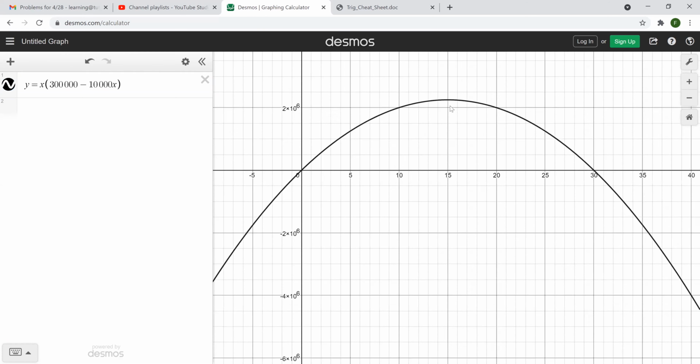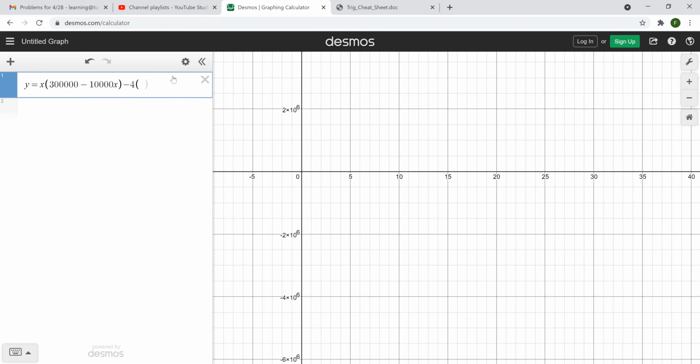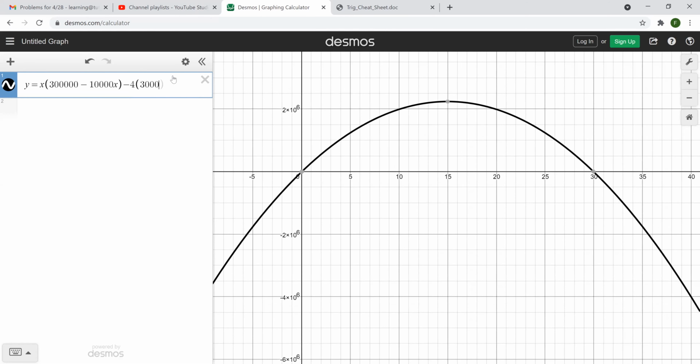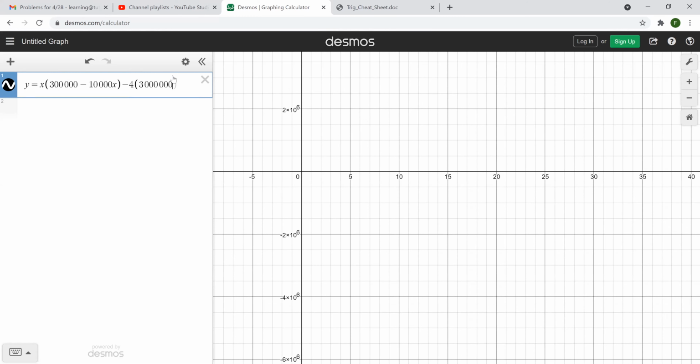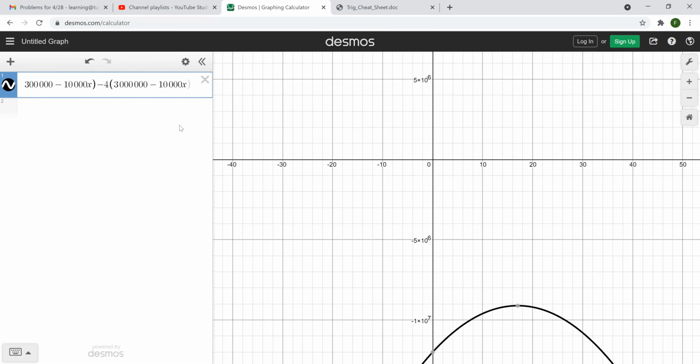It shows that the maximum is occurring here at 15, which we know is wrong because the answer is 17. So now what I'm going to do is subtract 4x. And notice that doesn't do anything, so let me see if I can do it a different way. 300,000 minus... Okay.